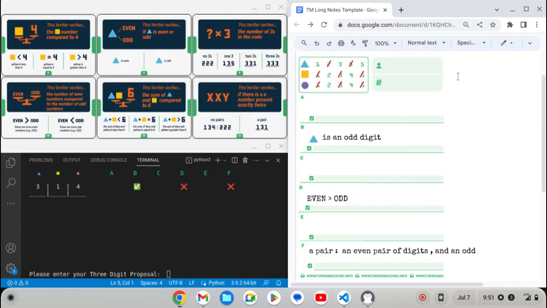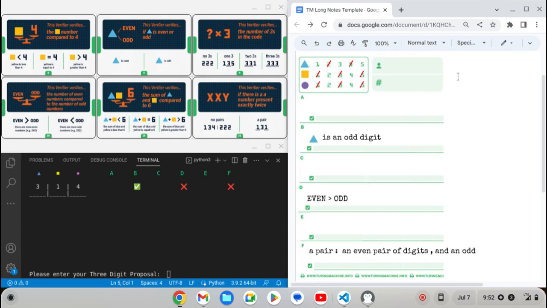proposal. Okay, so we did test criteria card A, which tells us a little bit about the square digit. And right there we know it's either going to be equal to 4 or less than 4, since it is an even digit.